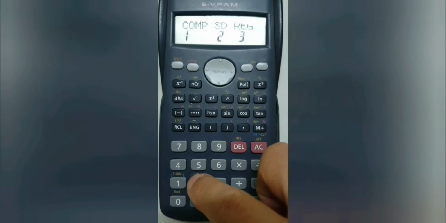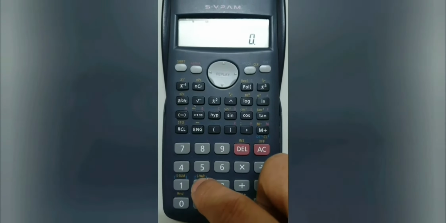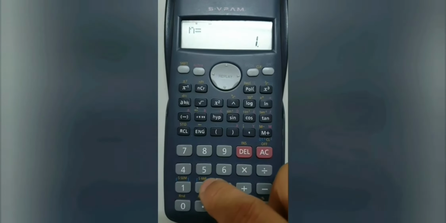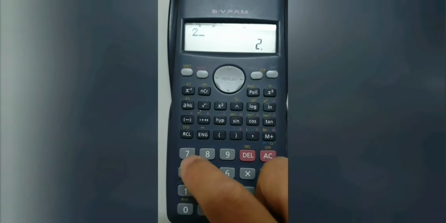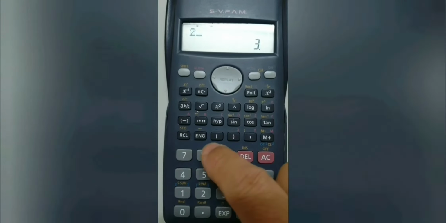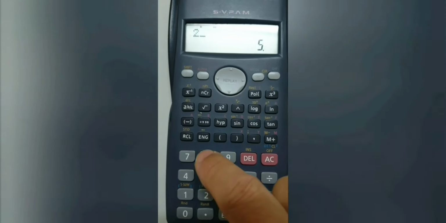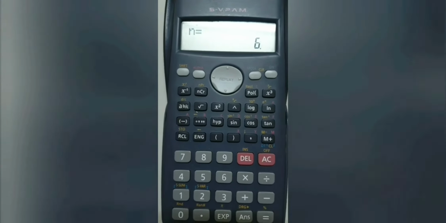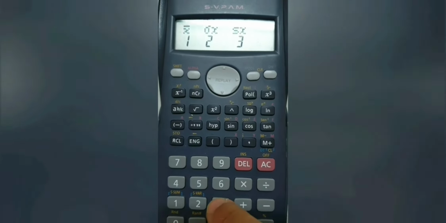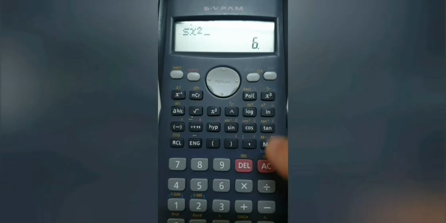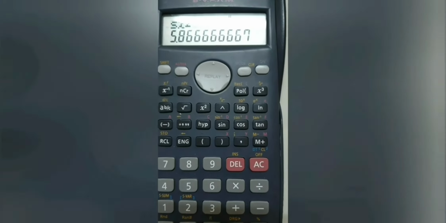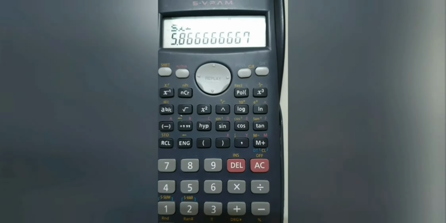Move to ST mode. 22, enter, 25, enter, 27, enter, 28, enter, 24, enter, 28, enter. After that, shift to S squared, the variance. Copy 4 decimals, 5.8667.